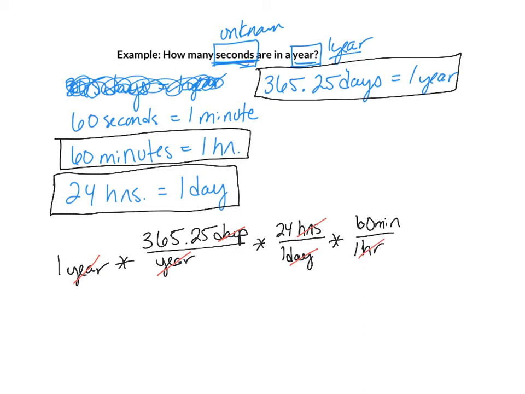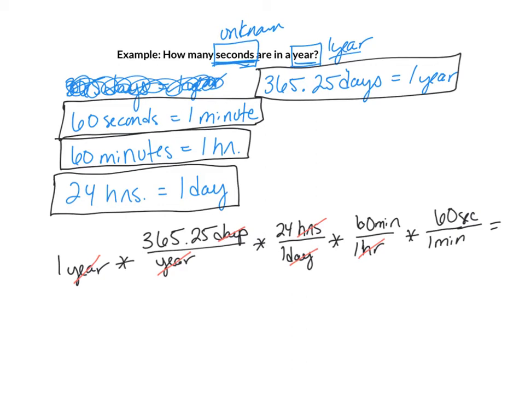And finally, I need a way to convert minutes to seconds, and I have that by saying for every 1 minute, there are 60 seconds. Okay, now you get out your calculator and do some handy dandy work, right?